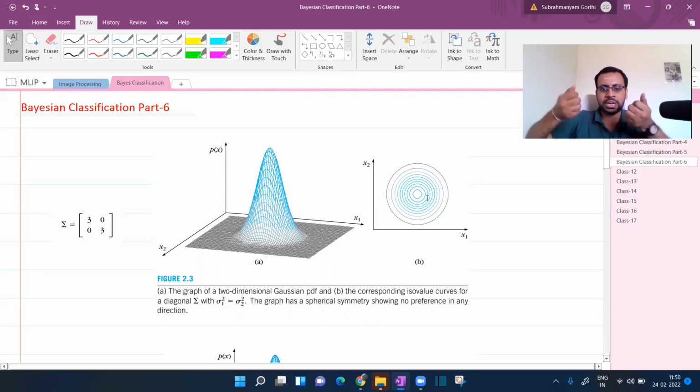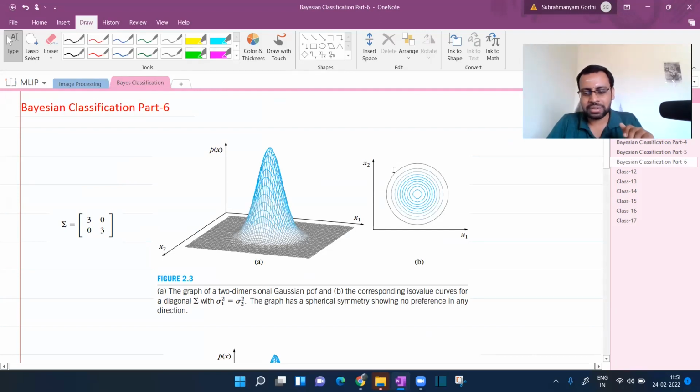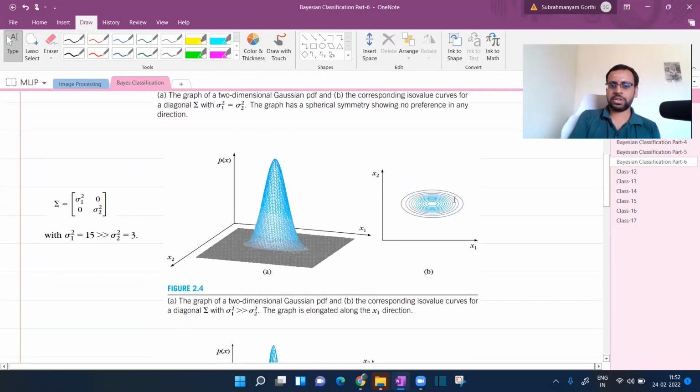You could also observe from the graph that the Gaussian distribution varies in the x1 and x2 directions in exactly the same manner, just that the view is constrained, because at the end of the day you have to show a 3D curve in 2D. So we make a visualization for that, and that's why we resorted to plotting an isocontour. Another graph here. Again, let's make a similar interpretation.